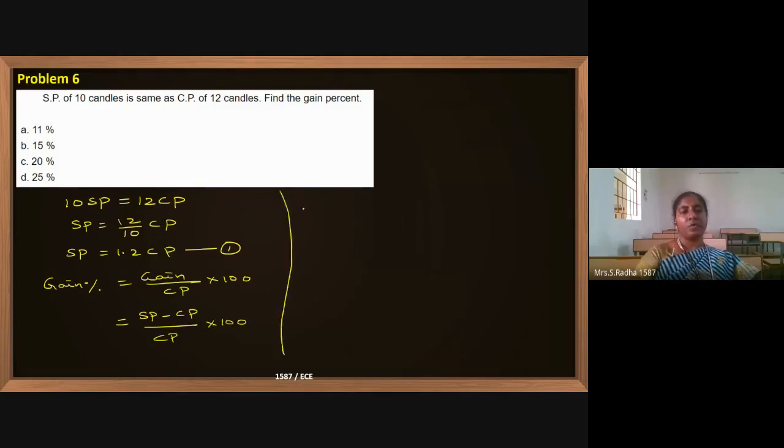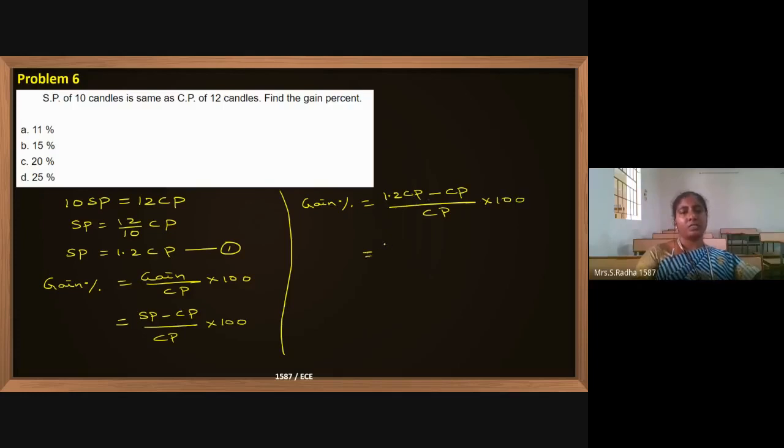So if we go with gain percentage, we already know from equation 1, selling price is 1.2 times cost price, minus cost price, divided by cost price into 100. In the place of selling price, I am writing 1.2 cost price.